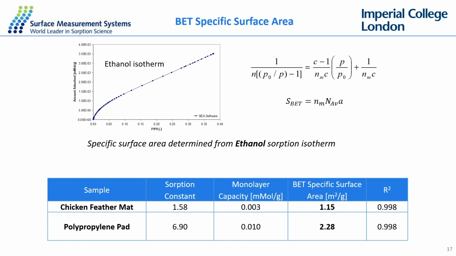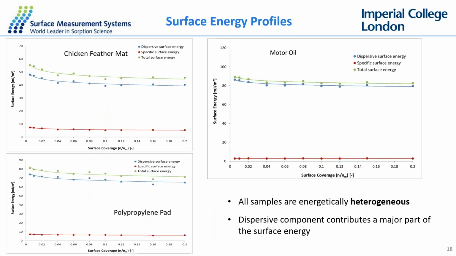From the table, we see that the chicken feather mat has a specific surface area of 1.5 meters squared per gram, which was a bit smaller than that of the polypropylene pad. The polypropylene pad is the conventional material that is widely used now, and we are comparing the chicken feather mats to the polypropylene.